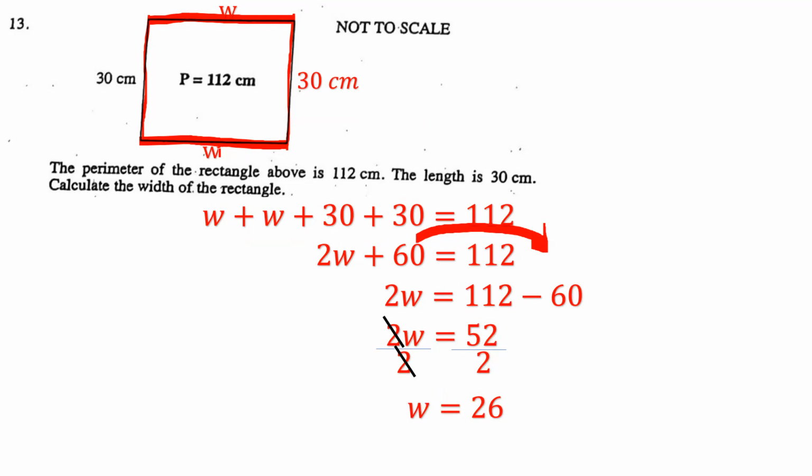So this right here is 26, and this right here as well is also going to be 26. So if we do 26 plus 30 plus 26 plus 30, that's going to give us 112, which is exactly equal to the perimeter that we have.